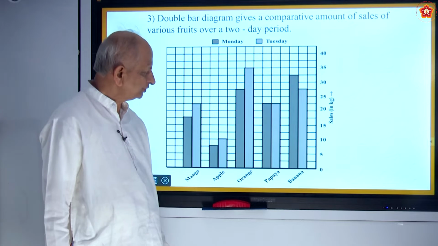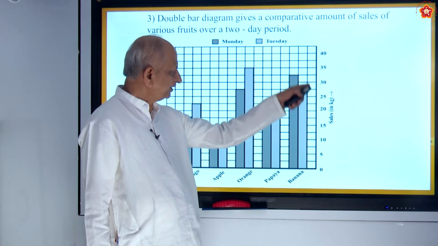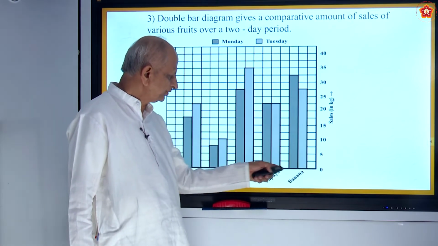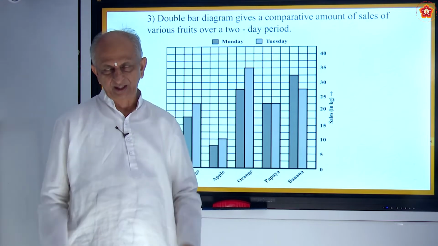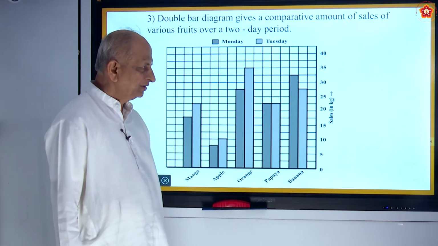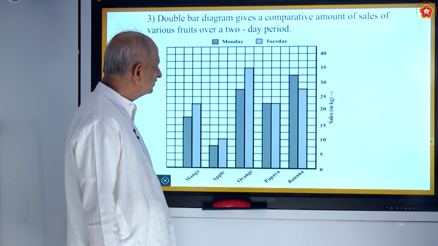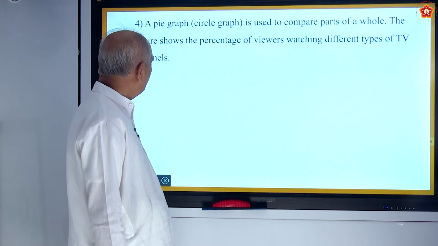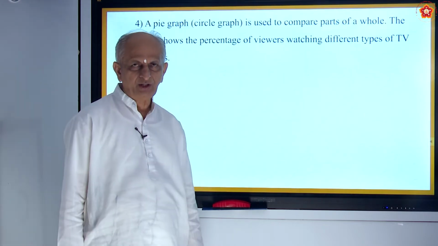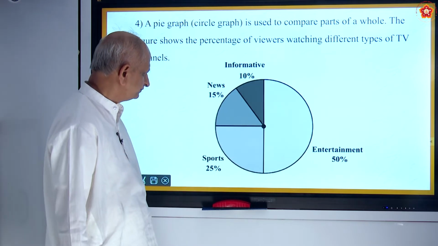Are you following? Here the weights are taken on the y-axis and the fruits on the x-axis. So by seeing the picture, we can make out some comparisons. Okay, and the third one is called the pie graph, also called the circle graph.